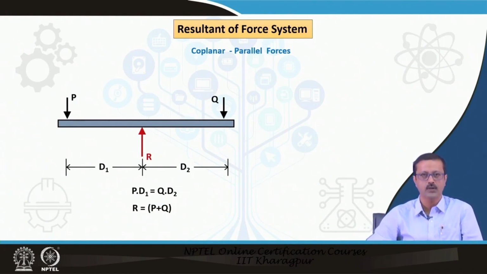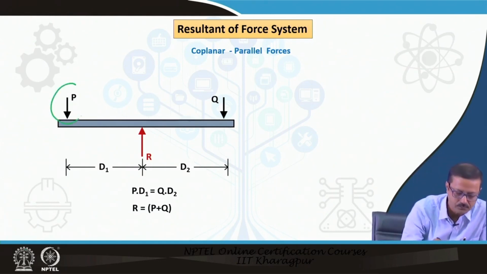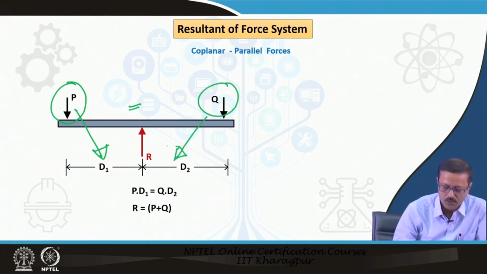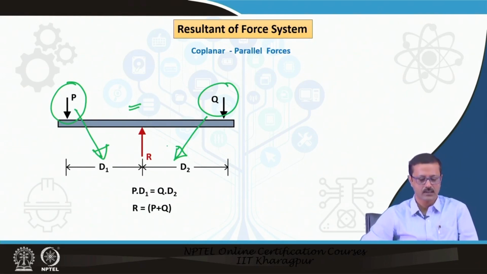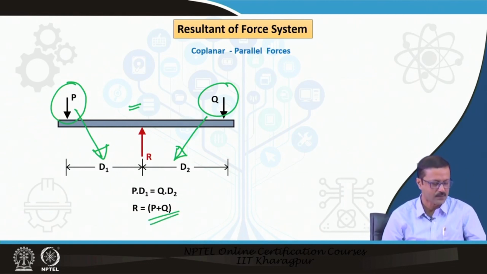R will be placed in such a way that this equation is valid: P into D1 must be equal to Q into D2. So if I know the distance between them and the values of P and Q, I can find where the resultant force will be located, and its magnitude will definitely be P plus Q, because both act in the same direction.